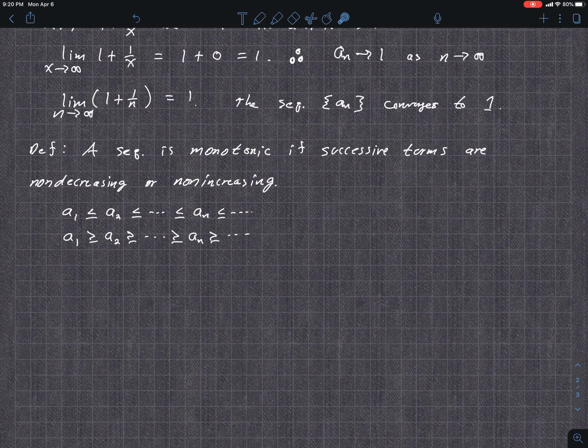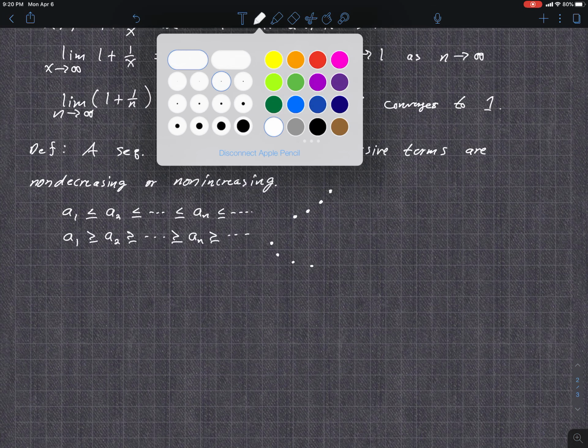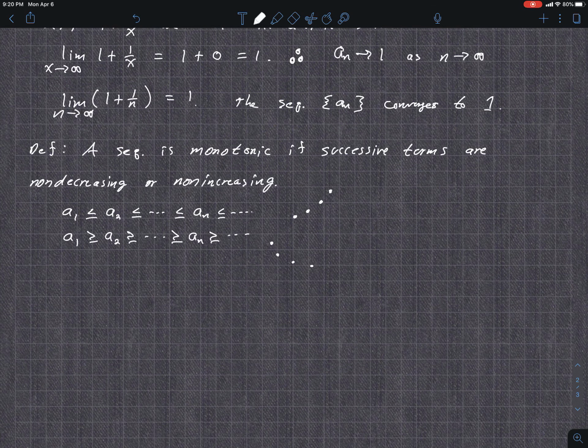Let's draw a little picture to be clear. For this one, a1 is less than a2. This would be an increasing sequence, so it would look like this. This would be a decreasing sequence, so it might look like this.